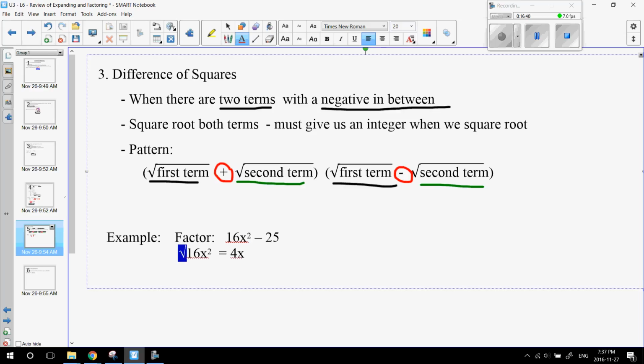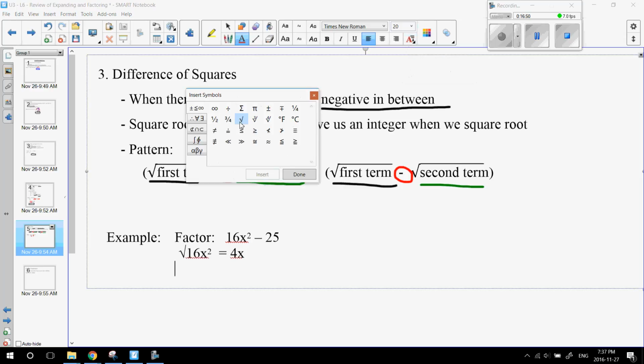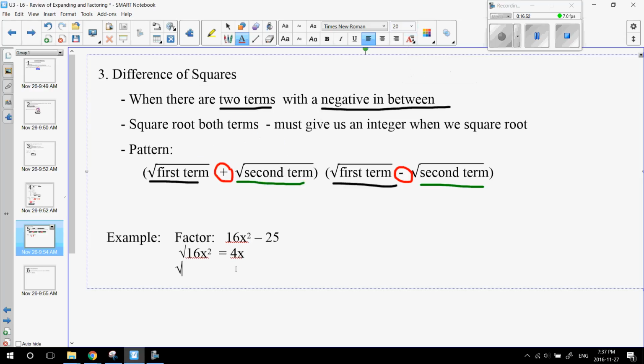Now we need to square root our second term. And our second term is the 25, so square root of 25. And the square root of 25, when you type that into your calculator, is a 5.